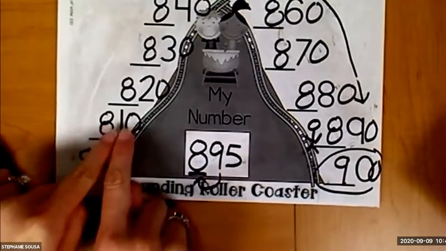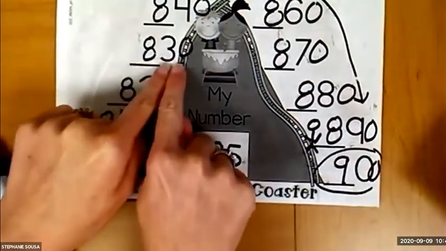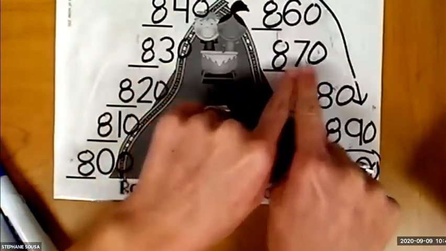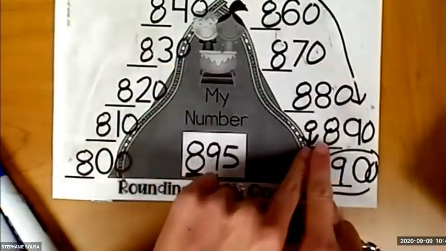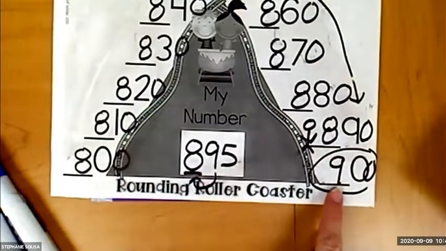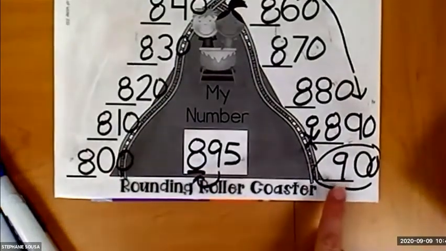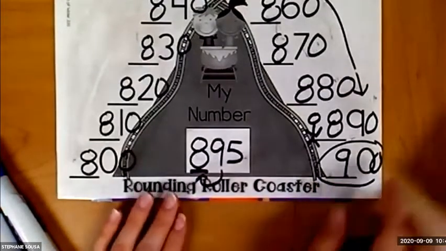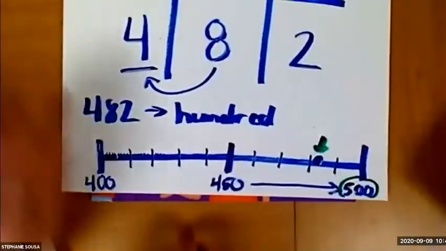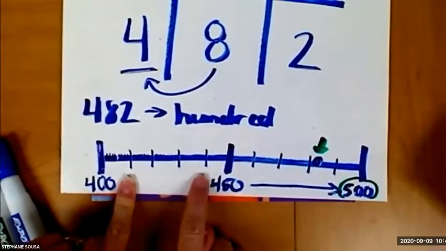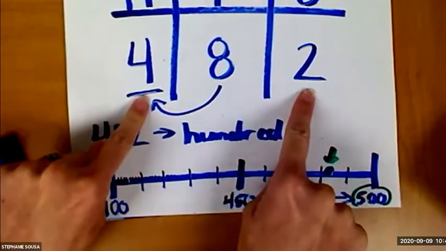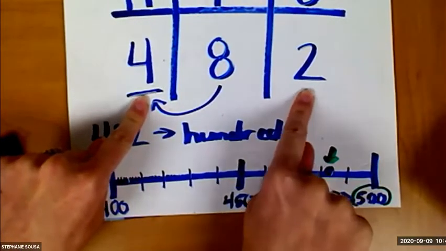So 810, 820, 830, 840, 850, 860, 870, 880, 890. Oh, now 900. That makes sense because when counting by tens, we get back to 100. Okay, so when we are rounding to hundreds, we use the tens place to help us. The ones place is too far away from the hundreds to be of any importance.